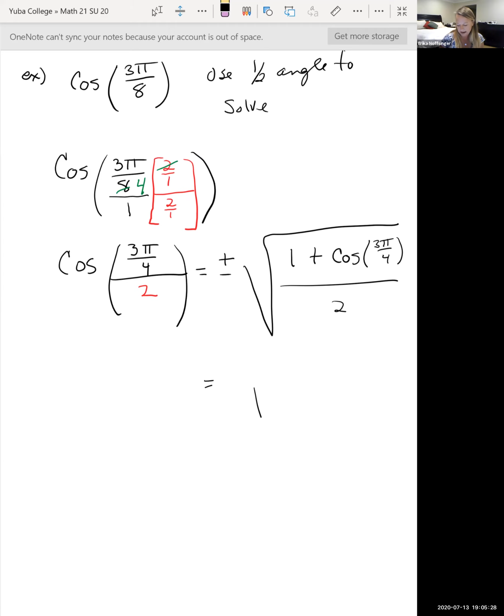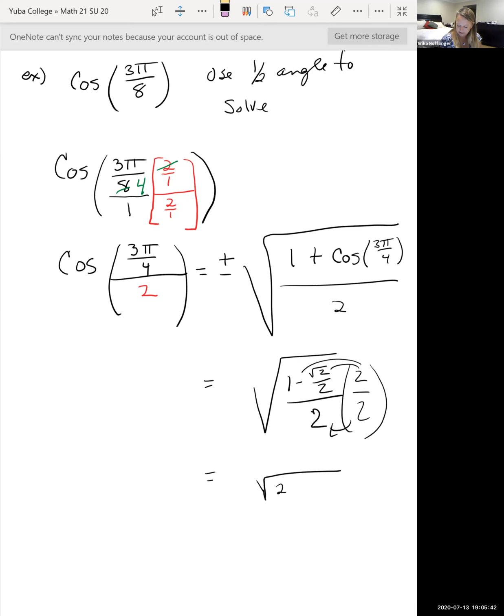So this is 1 minus root 2 over 2 all over 2. If I clear my fraction, I get root 2 minus root 2 all over square root of 4, which is 2. 3 pi 8ths, I think we looked at that earlier and found that was 60 something degrees. This isn't contained in quadrant 1, so we're going to look at the positive of this.